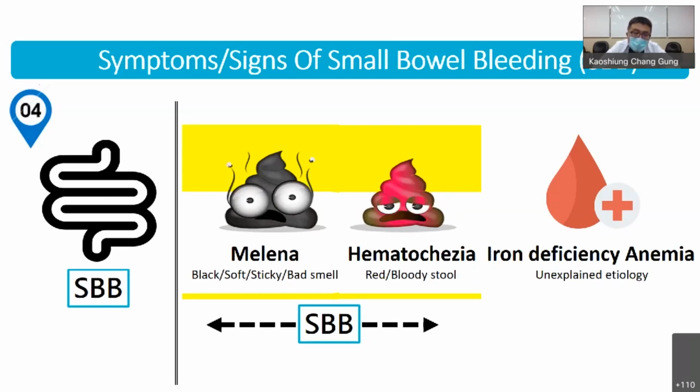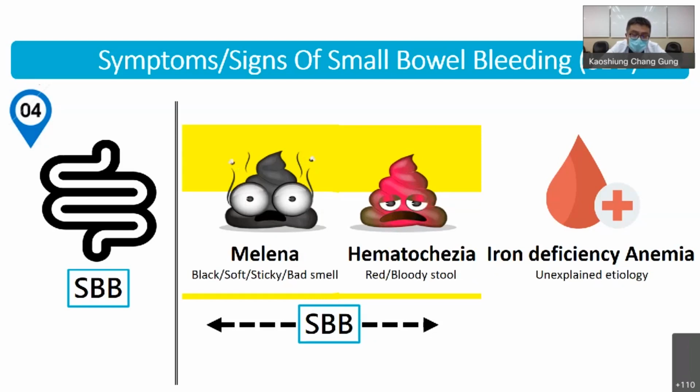And because small bowel bleeding can be obscure, some patients are found to have small bowel lesions only because of unexplained iron deficiency anemia found at a health exam, because the bleeding is minimal, so patients cannot notice a stool color change.